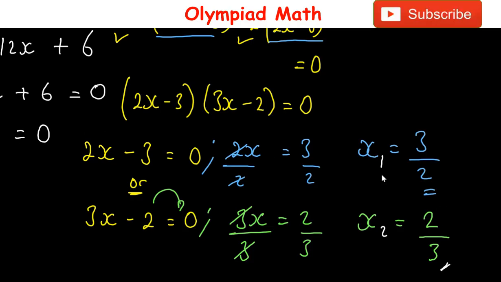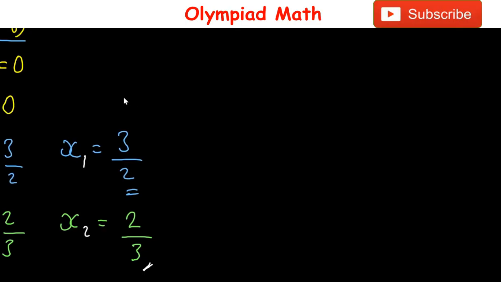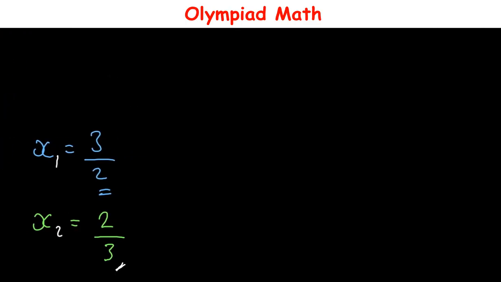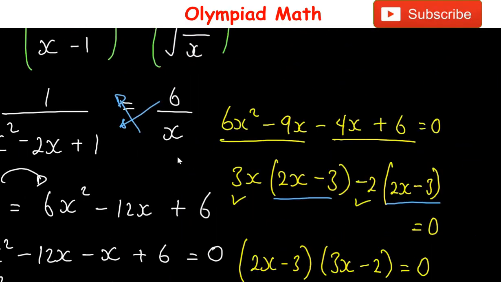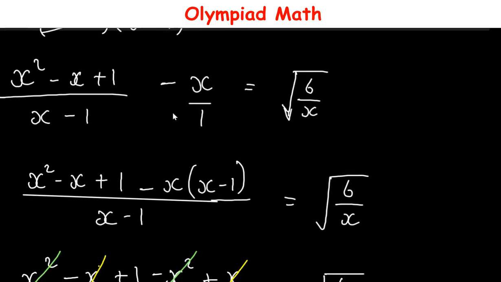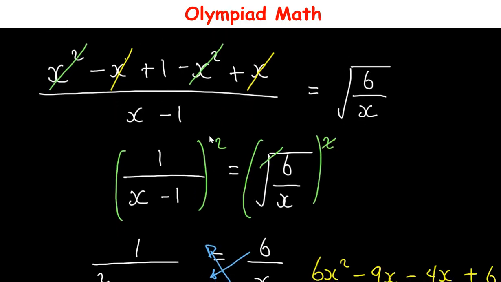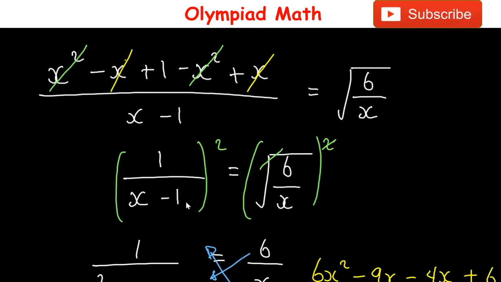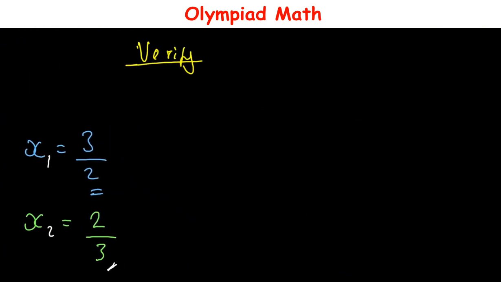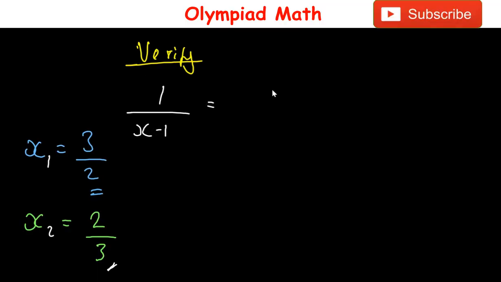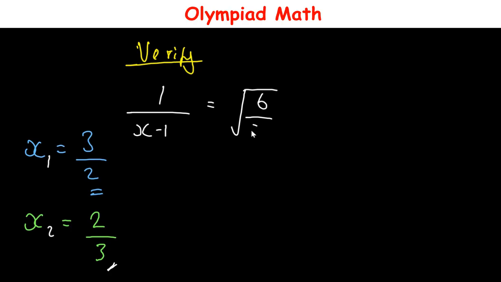Next, let us verify this solution of x for the given equation. So to verify this, working with this equation right here, that we have 1 over x minus 1 equals the square root of 6 over x.